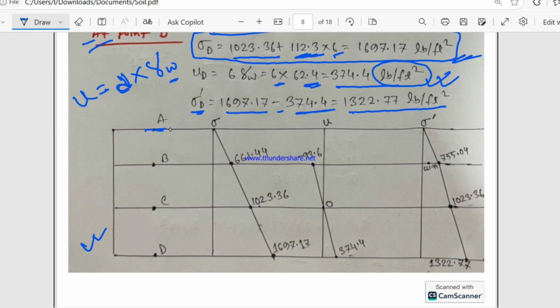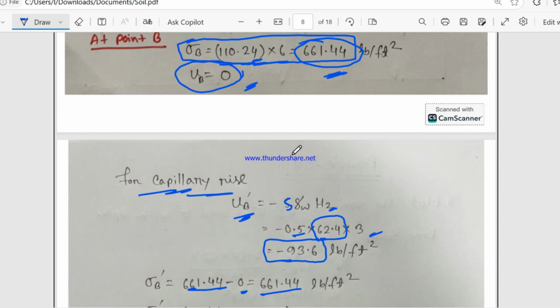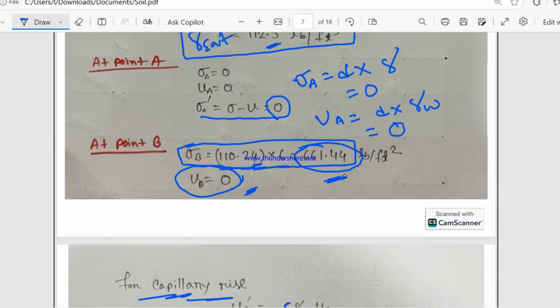This is point A, B, C, and D. For point A, we have total stress 0, pore water pressure also 0, and effective stress 0. And at point B, the total stress is 661.44. We get these values from the earlier calculations, and pore water pressure is 0.